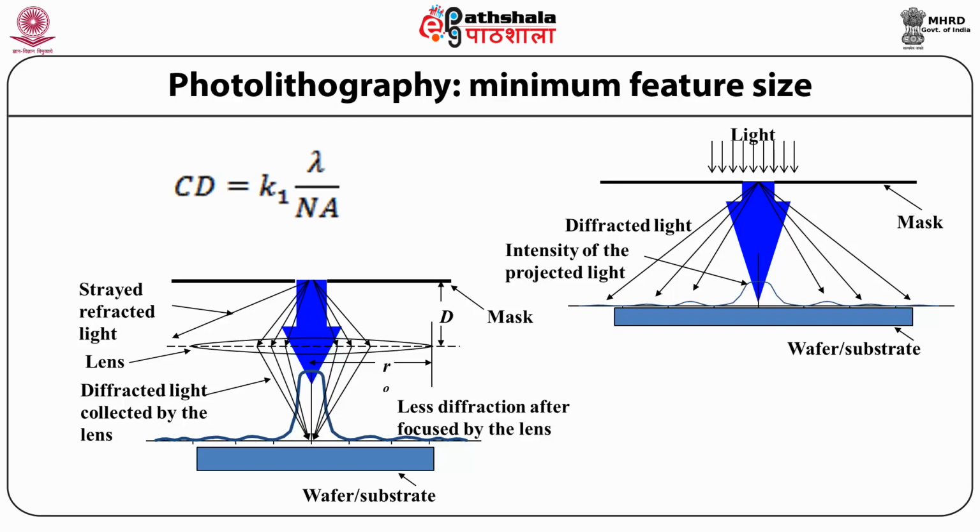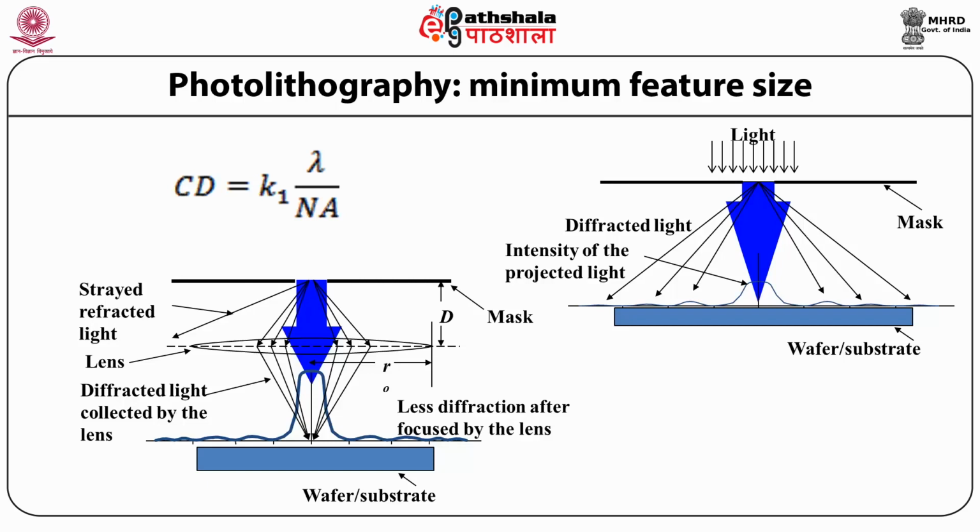The minimum feature size, which is used as the scaling for different lithographic systems, is given by CD is equal to K1 multiplied by lambda by NA, where CD is the minimum feature size and K1 is the coefficient that depends on the process related factors. NA is the numerical aperture of the lens for collecting the diffracted lights from the aperture.